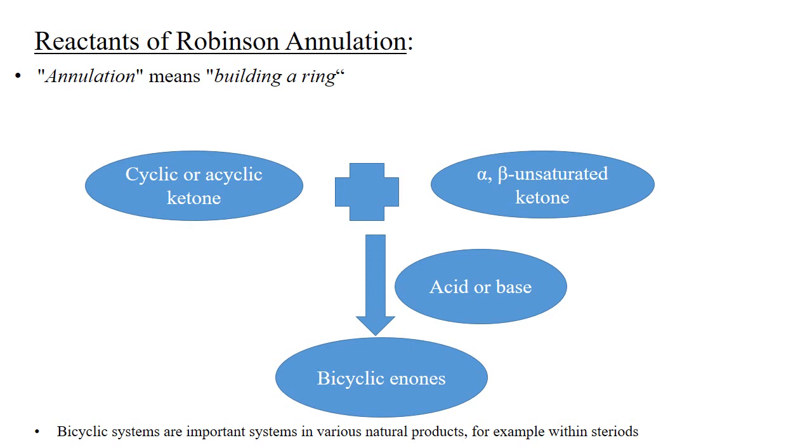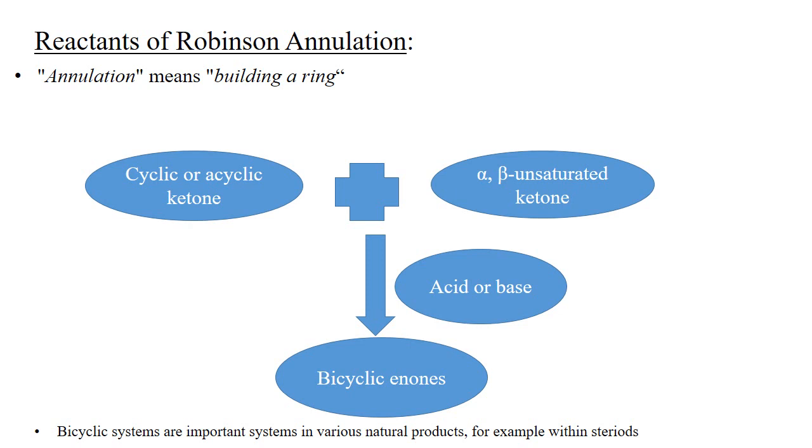If any of the reactants is a cyclic ketone or the alpha beta unsaturated ketone is a cyclic one, then the product contains two rings.